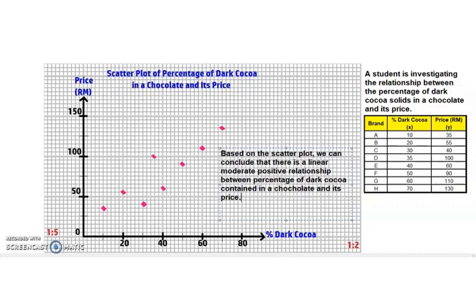Based on the scatter plot, we can conclude that there is a linear moderate positive relationship between percentage of dark cocoa contained in a chocolate and its price. So meaning to say that the more dark cocoa in that chocolate, the higher or more expensive will be the price. So that is meant by positive relationship.